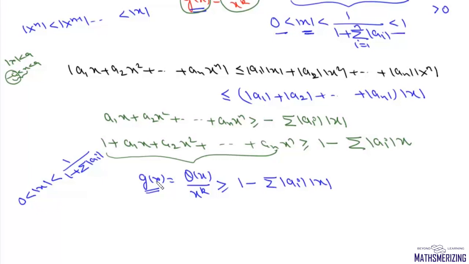So the minimum value of this gx will occur when the value of this expression is maximum, and the value of this expression is maximum when the value of x is maximum. So the maximum value of mod x is 1 upon 1 plus summation mod ai.